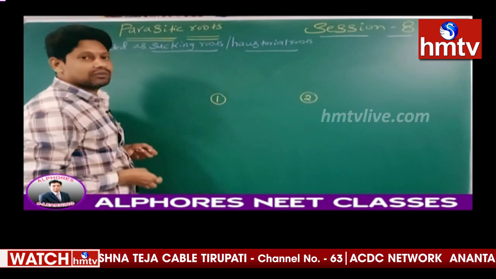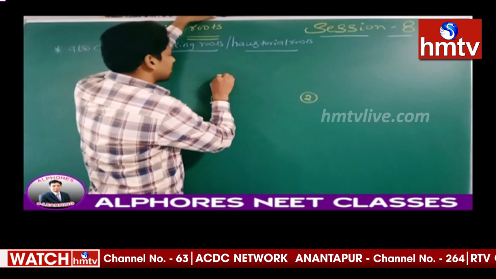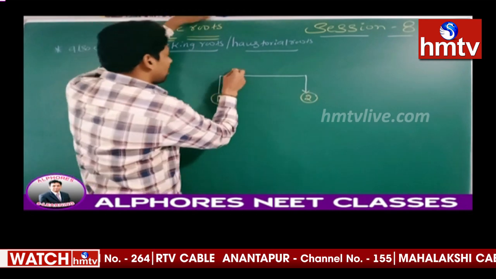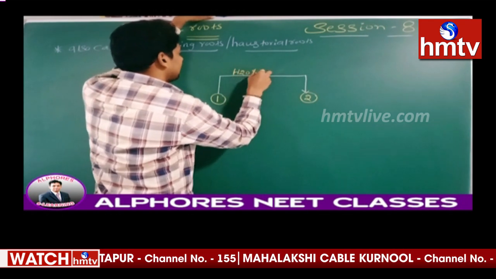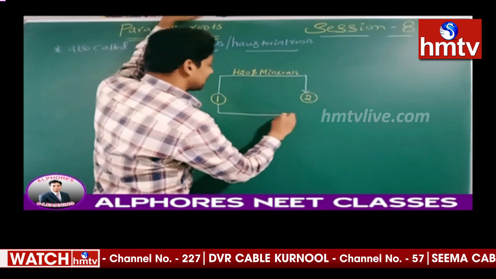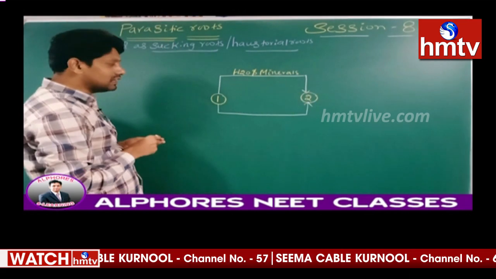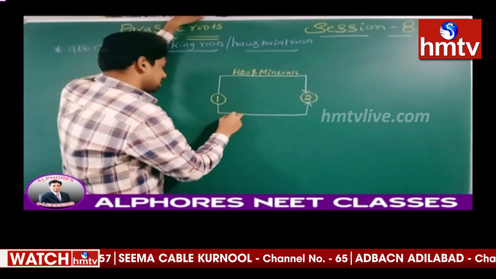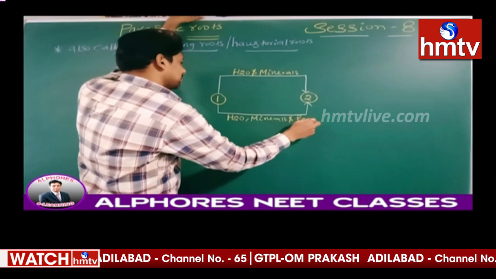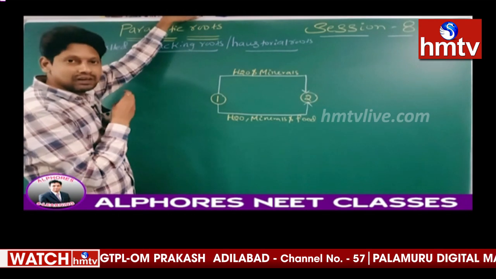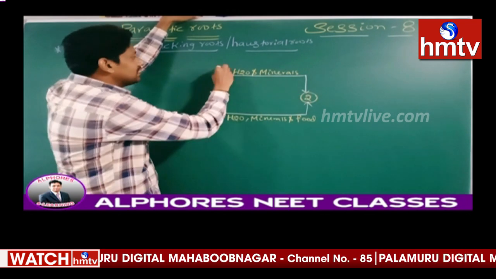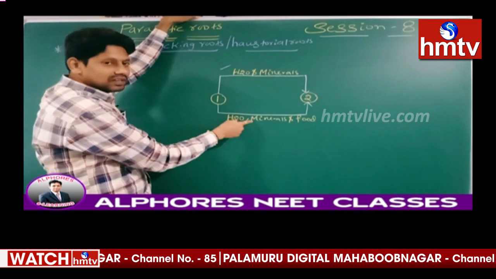For example, the first plant is depending on the second plant, either for water and minerals, or for water, minerals and food materials. In this example, the first plant is depending on the second plant for water, minerals and food materials.